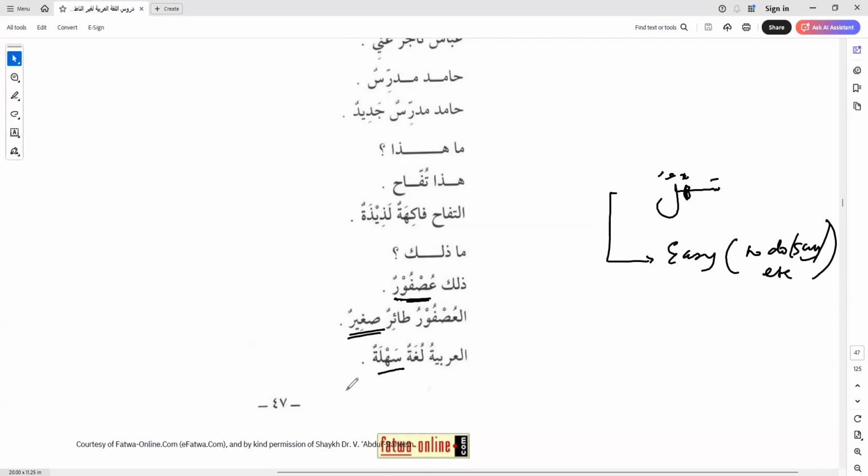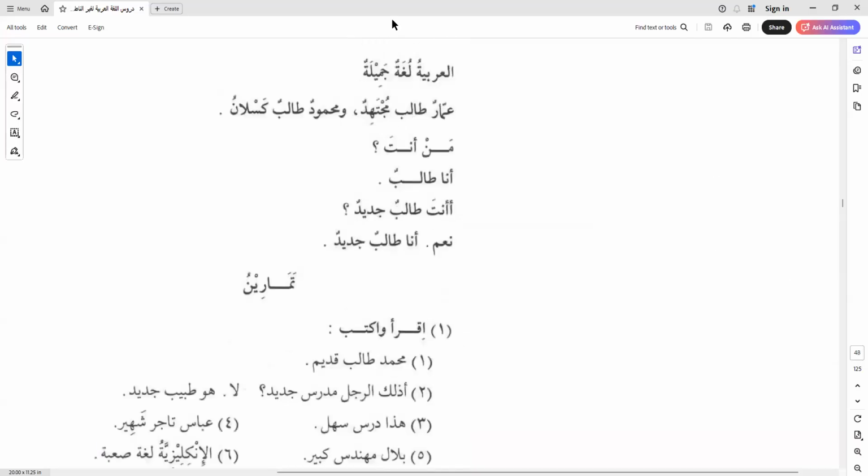But I don't think Arabic is sahlun. It's hard. And we have mujtahidun. So if you are not mujtahidun, you are kaslan, right? Mujtahidun. Hard working.